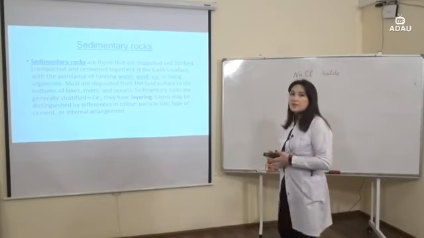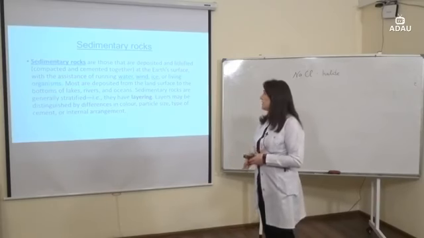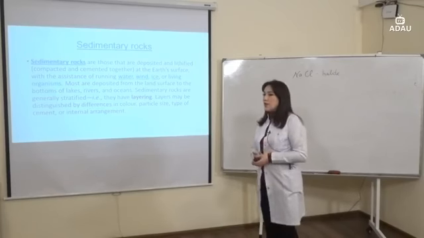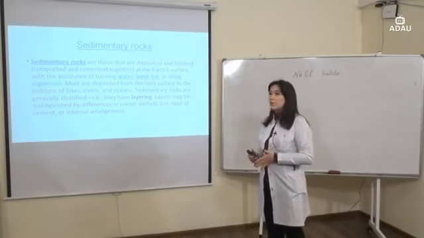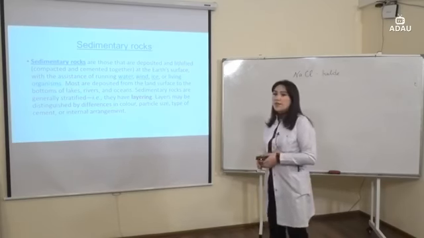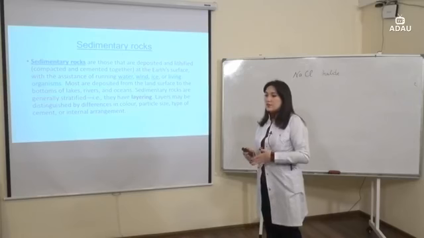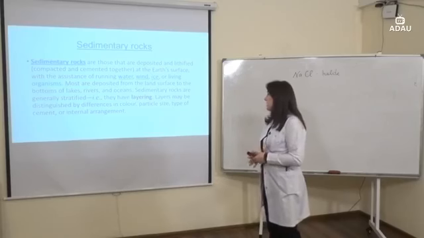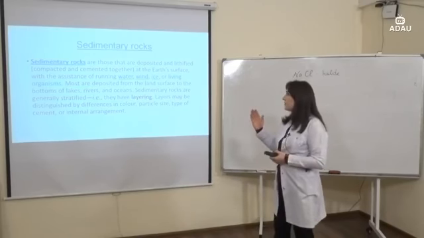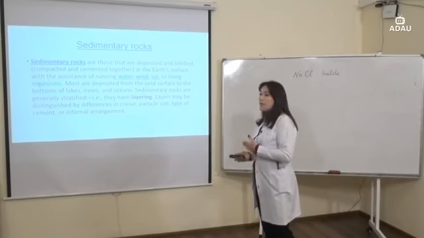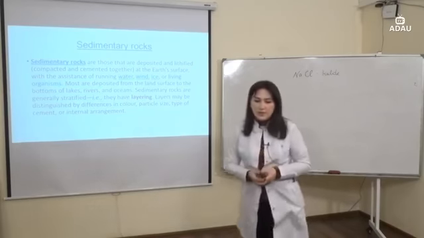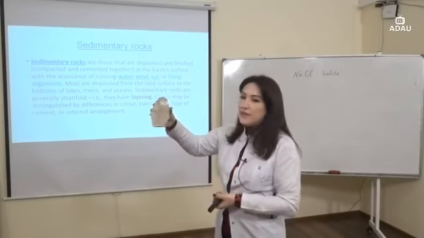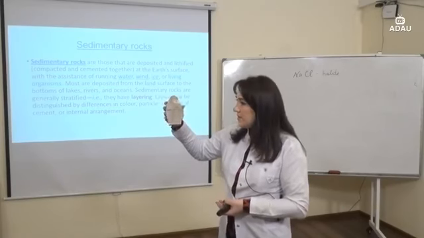Second, the main type of rocks are the sedimentary rocks. Sedimentary rocks are the sediments on the Earth's bottom places, for example, lakes, oceans, seas, bottoms, and deposits here. Sedimentary rocks have layering. You can easily see the layers or bands in sedimentary rocks.